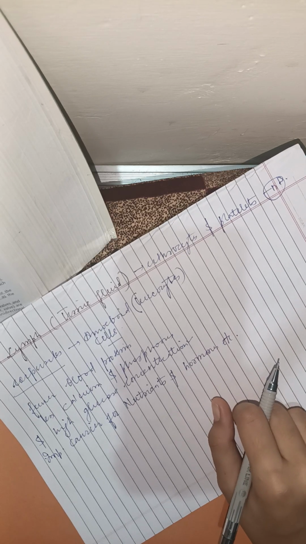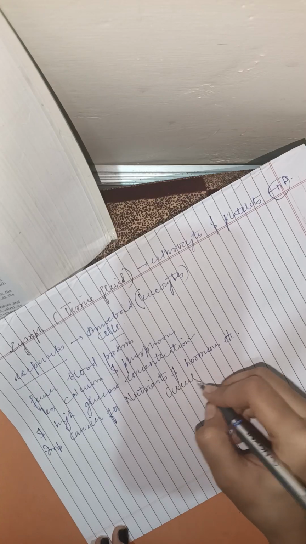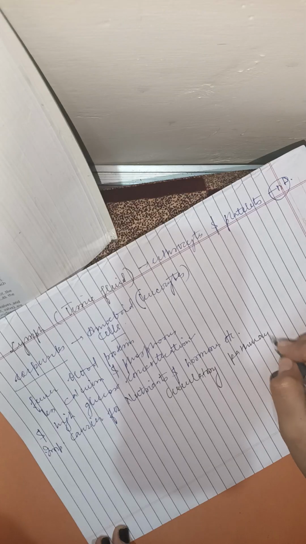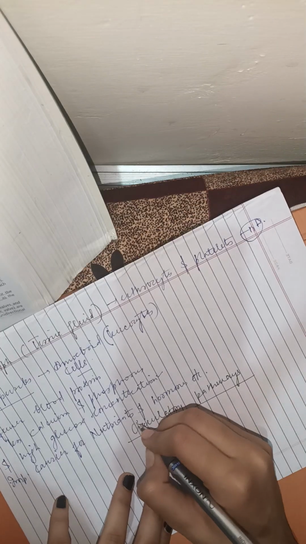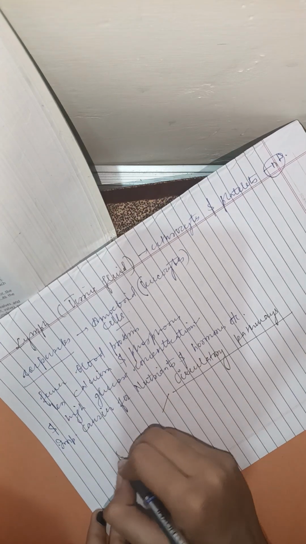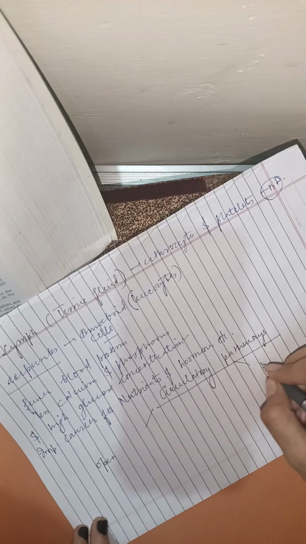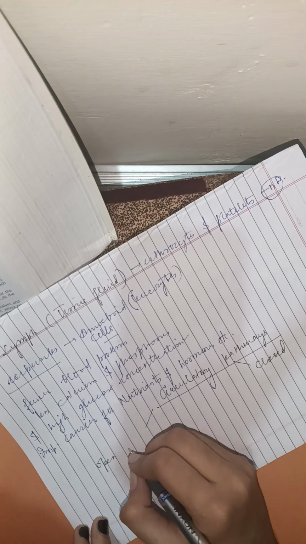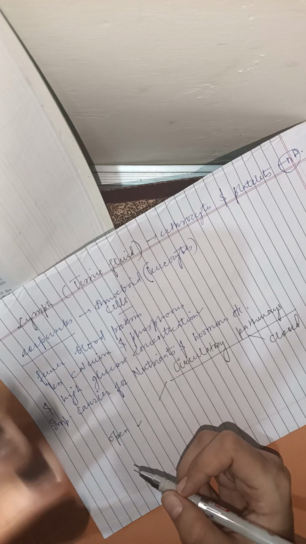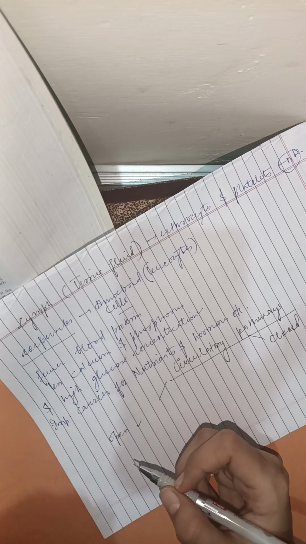Then we have circulatory pathways. It is of two types, open and closed. In open circulation, blood pumped by the heart passes through large vessels into open spaces or body cavities called sinuses.